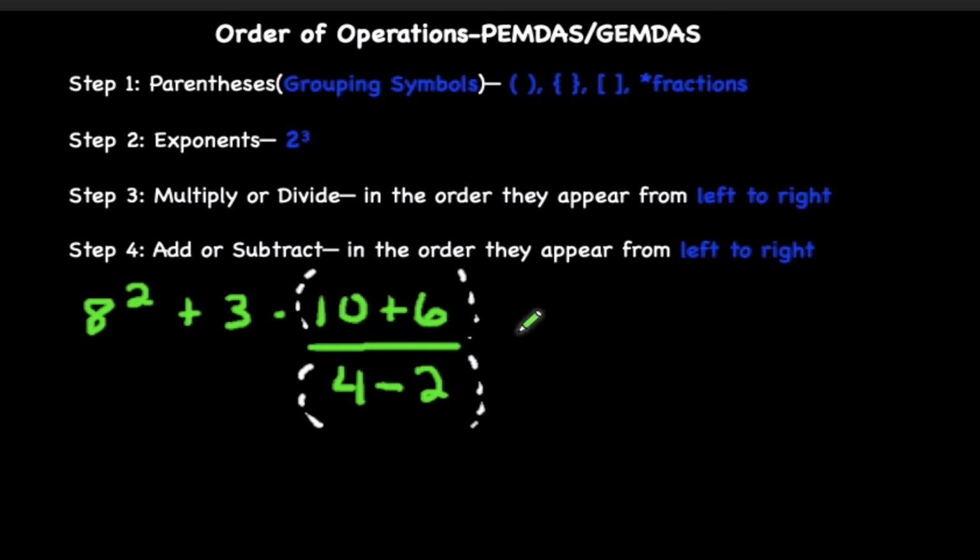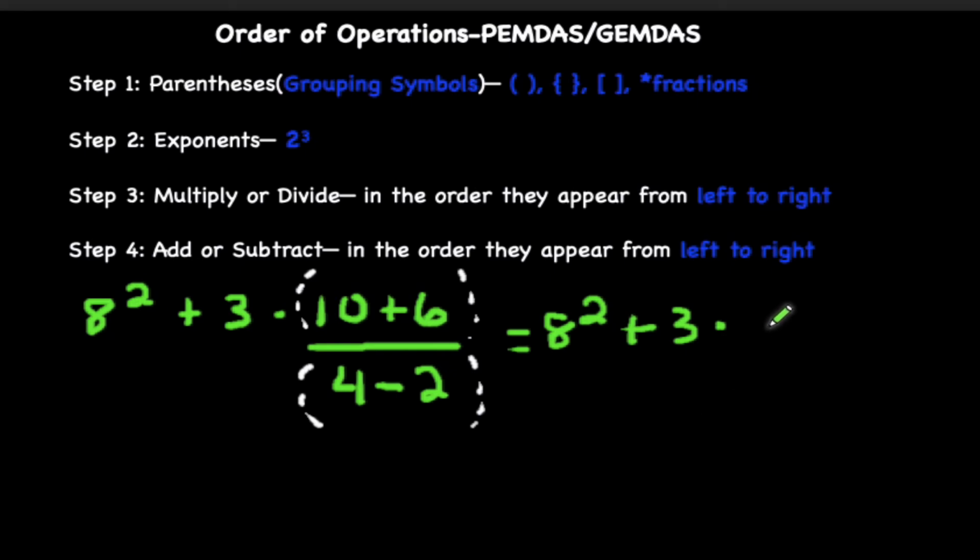We're going to bring everything else down. So we have 8 squared plus 3 times, and let's perform what's inside the parentheses in the numerator first, followed by the denominator, one step at a time.